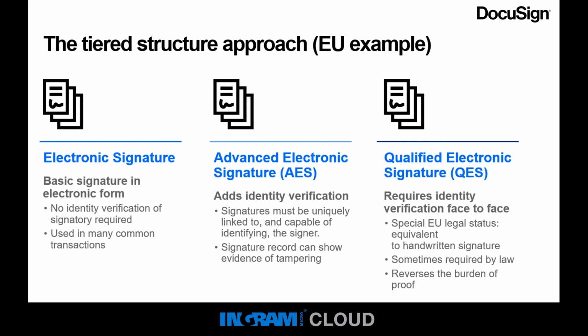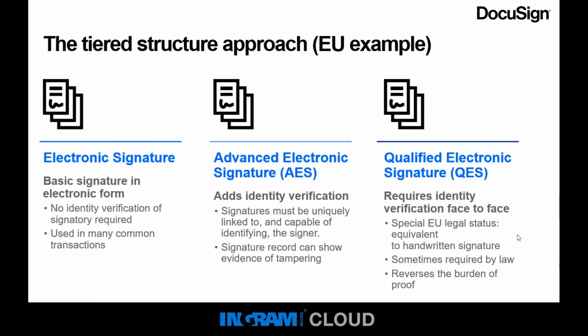That could be ID verification, as we said before, using a passport, driving license, or another form of documentation which proves who you are. But basically, it means the signatures have to be uniquely linked to the signer, and the signature record will show any evidence of tampering as well. So that's really important to have in place.